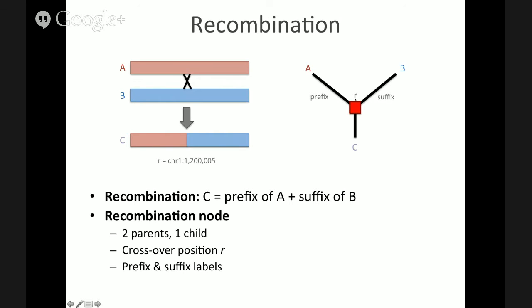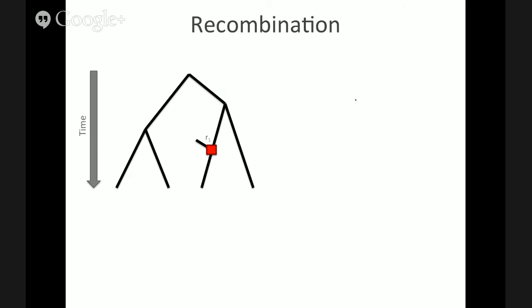And then also, just to be complete in describing what occurred, we'd want to record exactly the position R at which this crossover happened. Okay, so if we go back to our tree and we try and add in such a node, we would find that a node now has two parents. And this is an orthologous sequence. It's just from another individual somewhere in the population. So if we continue to trace its ancestry back into the past, we'll eventually find that it coalesces with some other lineage in our tree.